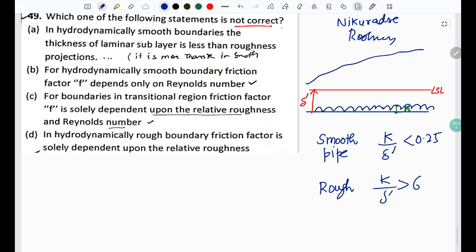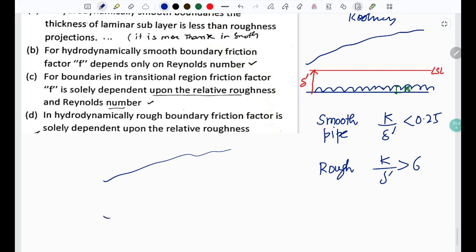Because in that case what happens is, this is our turbulent zone, and let us say that this is our laminar sublayer within the turbulent zone.